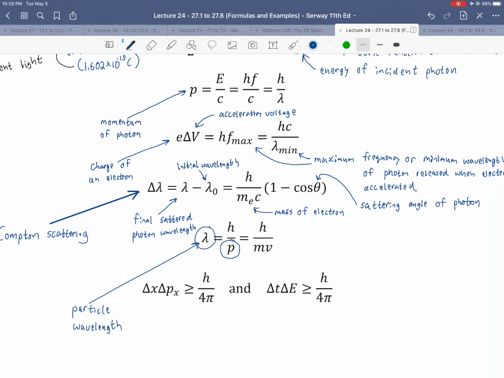The particle needs to have a very small momentum because Planck's constant is to the order of 10 to the -34. So if you want a wavelength on the order of visible light, nanometers, 10 to the -9, that means the momentum would have to be the difference, 34 minus 9, which would give us 25. So our momentum would have to be on the order of 10 to the -25 Newton seconds.